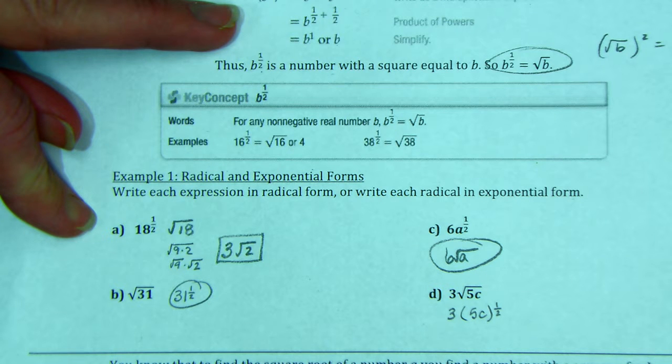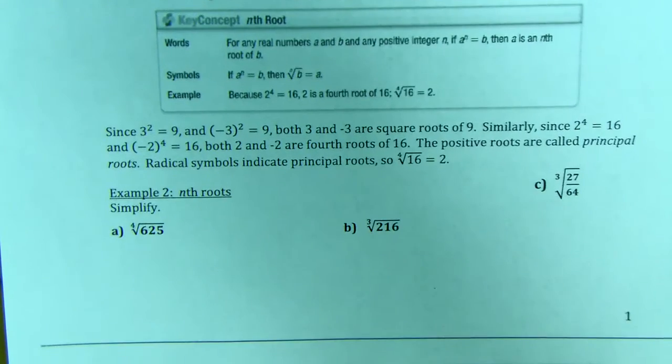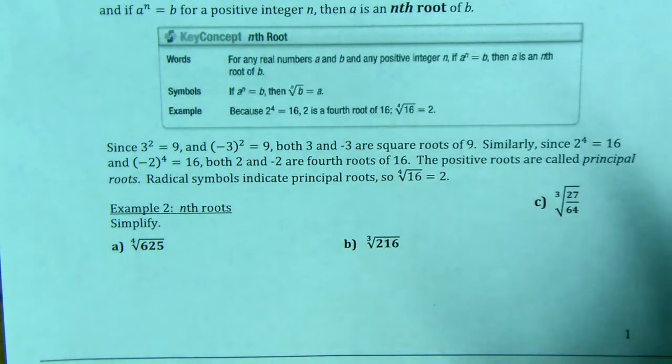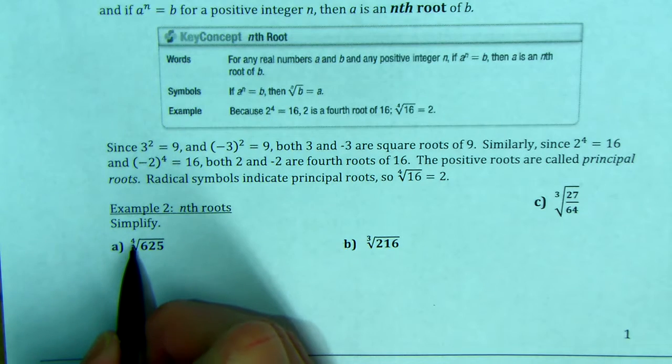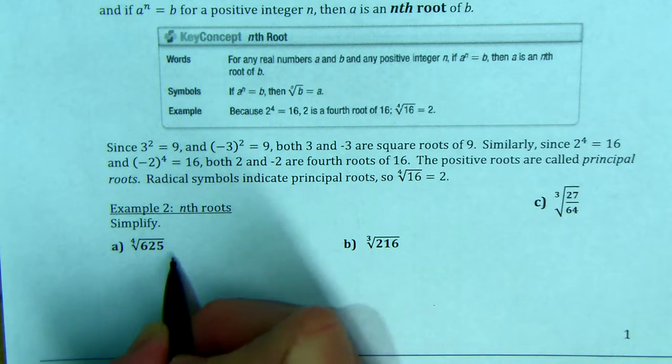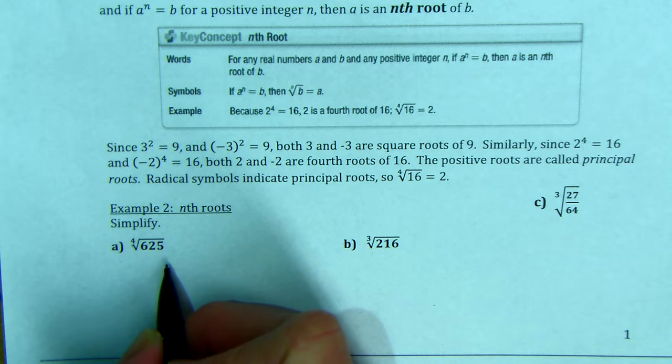All right, so moving on, what if we're taking these into fractions and so on? Well, they're roots, so we have to remember. If it's the 4th root, that is to the 1/4 power.